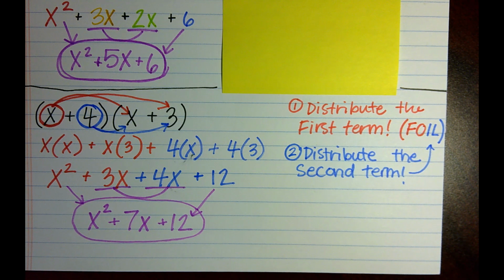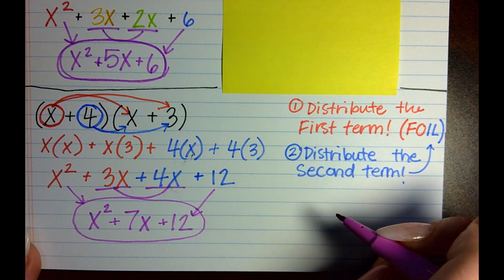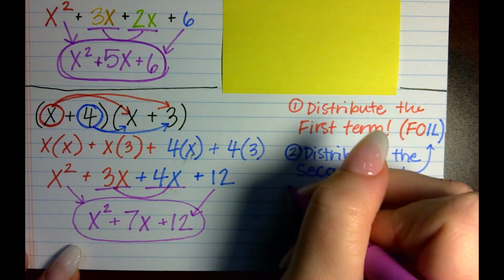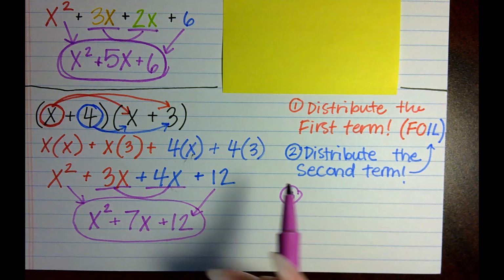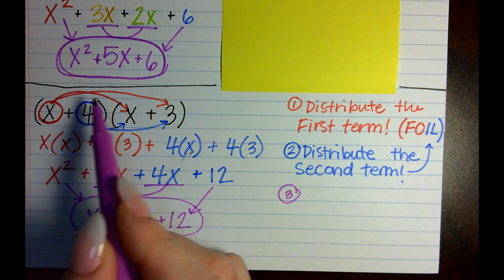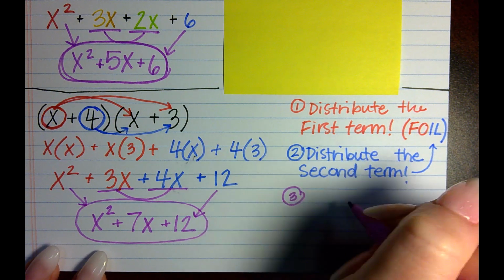And last but not least, we combined our like terms or our middle terms. If we're following the FOIL method, the ones that we add together will always be the 2 terms in the middle. Always. As long as you follow the FOIL method. Now, if we do other methods, it could change, but with this method, they should always end up being in the middle. Okay, well, let's see.